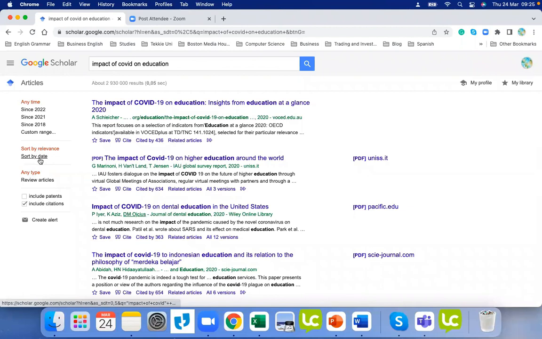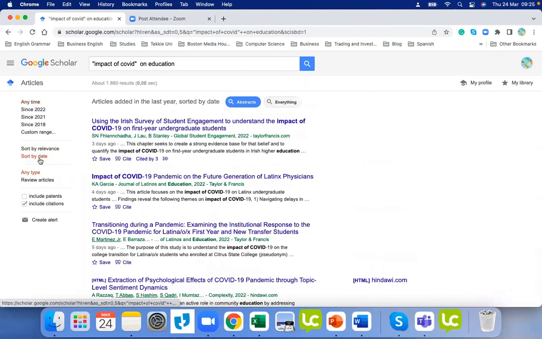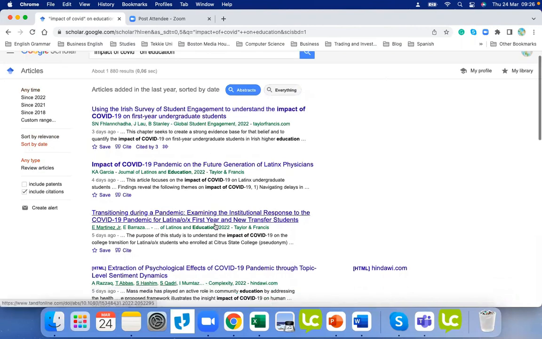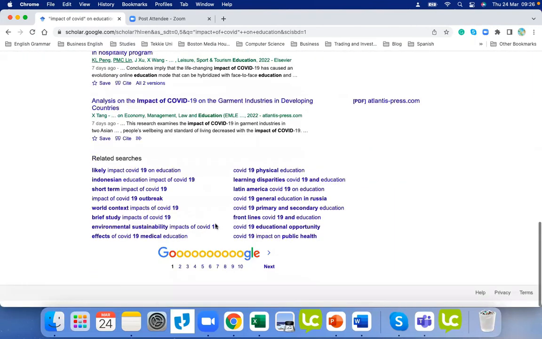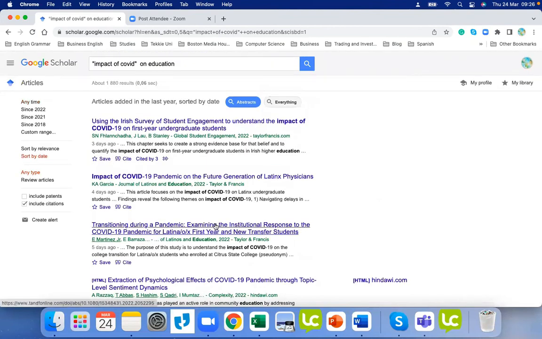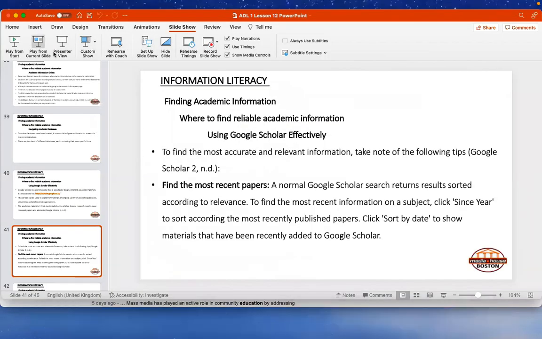We can sort by relevance or sort by date. So we see here, 3 days ago, using the Irish survey of student engagement to understand the impact of COVID-19 on first-year undergraduate students. See, we can get lots of information. It's wonderful, it's amazing. If we go back to the PPT.